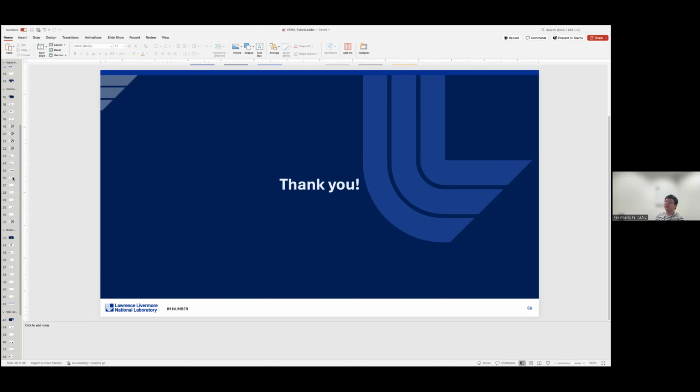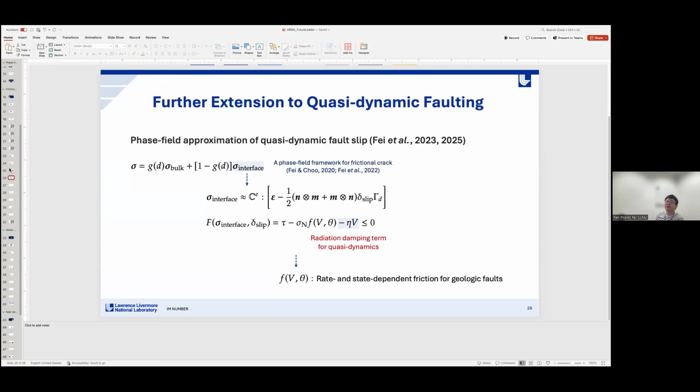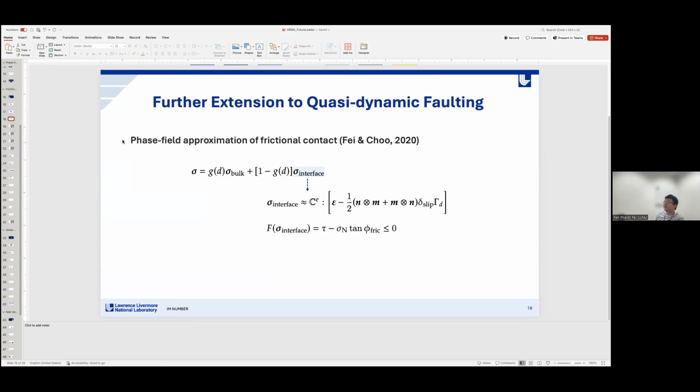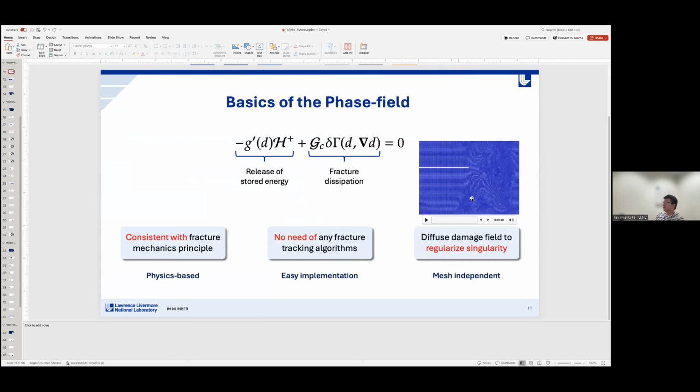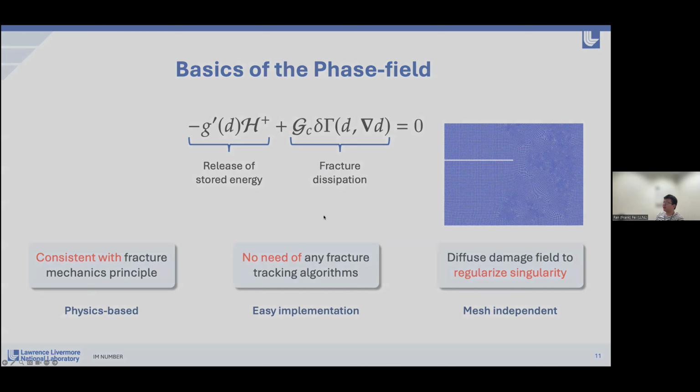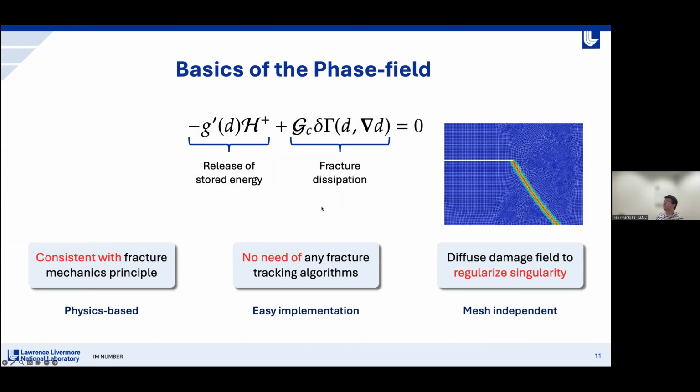Oh, yeah. Maybe I didn't explain too well, but let me see. From this animation here, well, actually, to answer your question, the phase field method doesn't have any specific treatment for the mesh. We can just use the standard finite element or finite volume mesh to model the phase field.